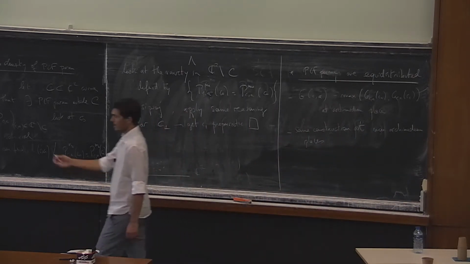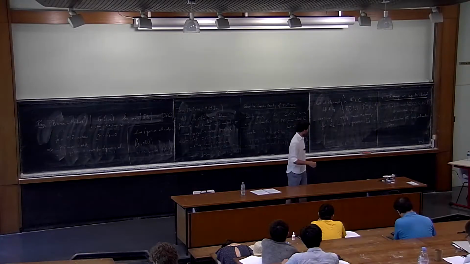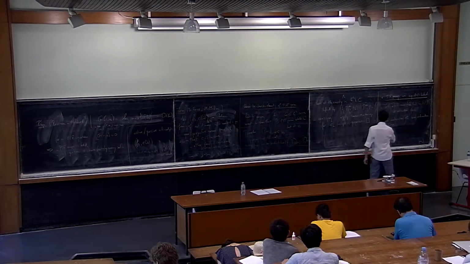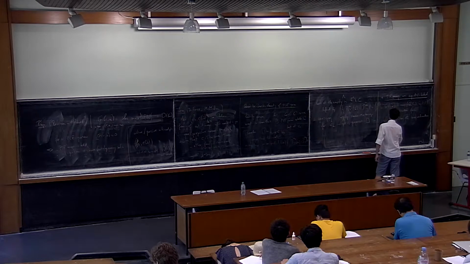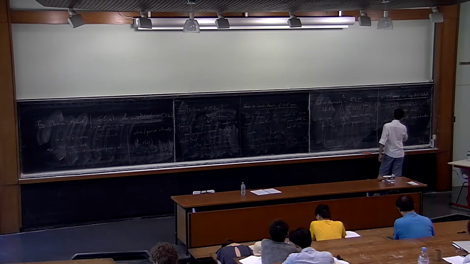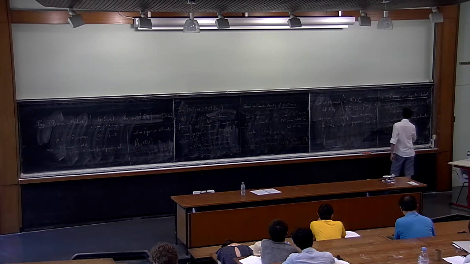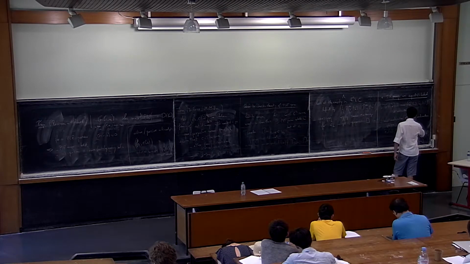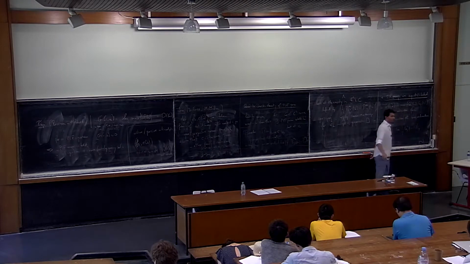Okay, so you define, I explained that you can define the green function. So GCA of Z is the limit of 1/3 to the n log plus of PCA n of Z. But now it's the p-adic norm.